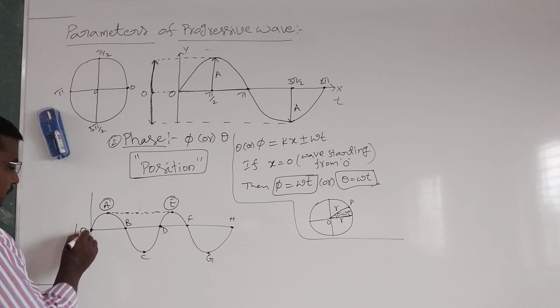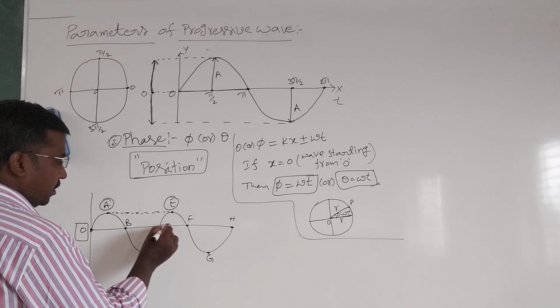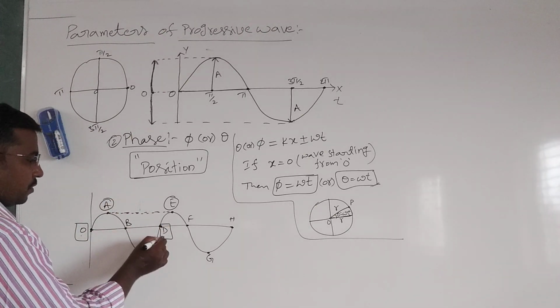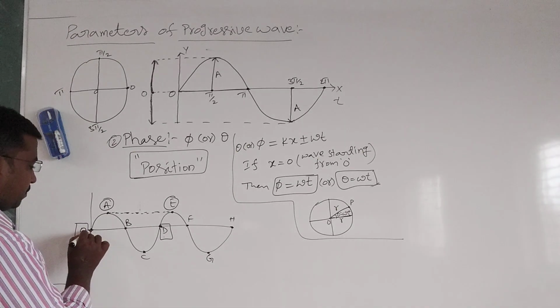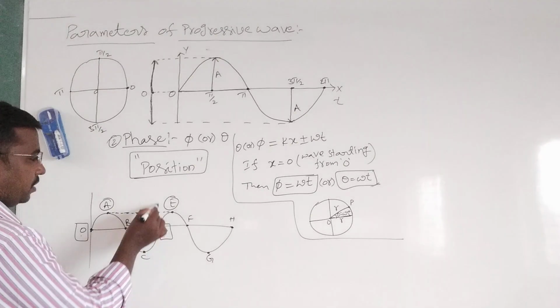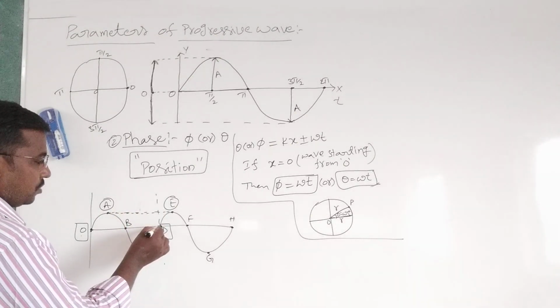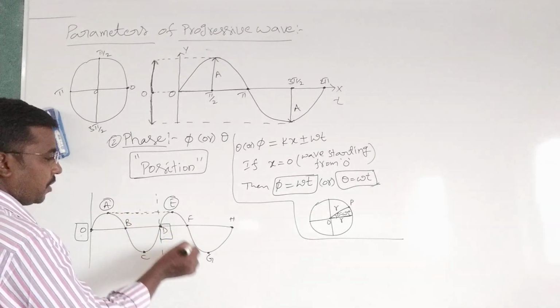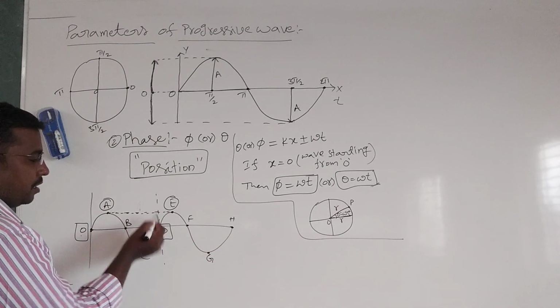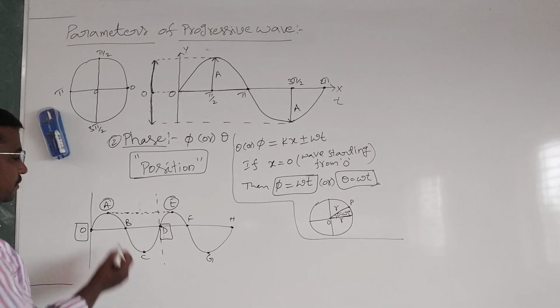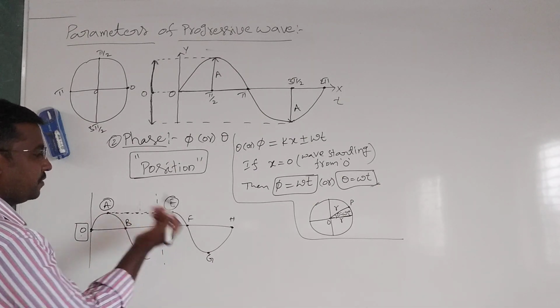For example, the O and D, that is O, and this one D, which are also in same phase, because it moved from origin. Similarly, this is also a starting point. So we have to say O and D are in same phase, and also A and E are in same phase.